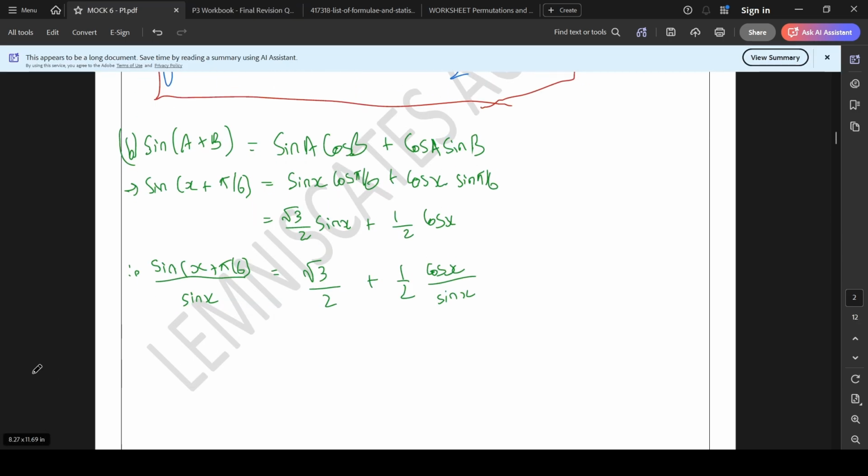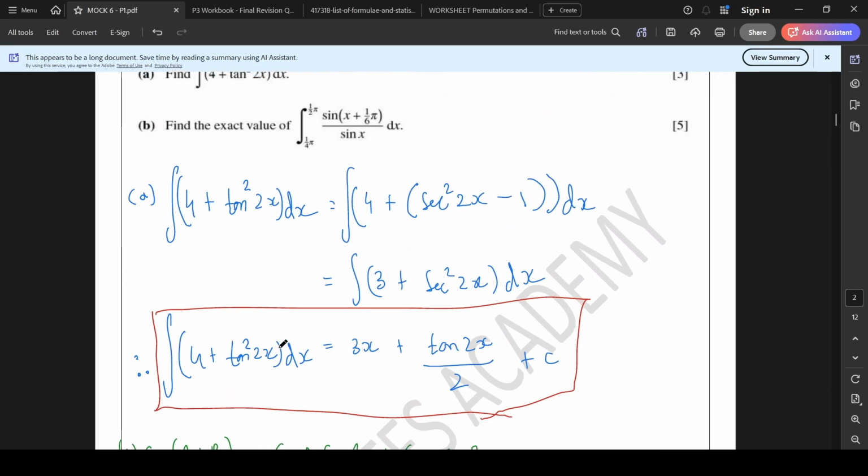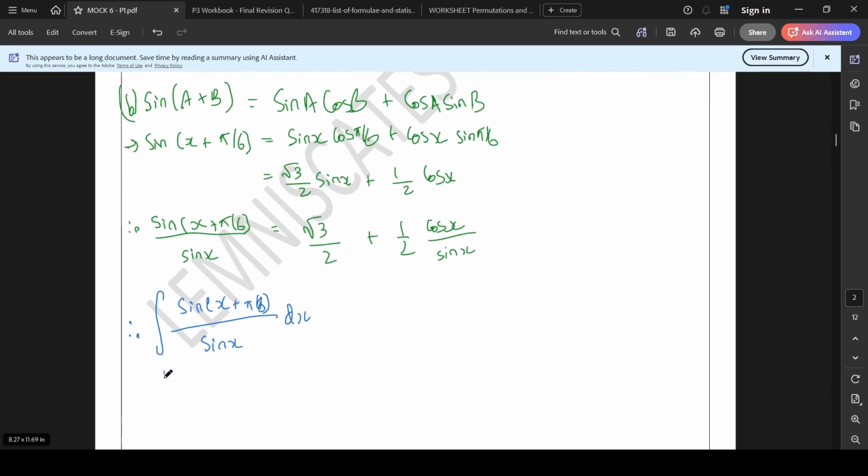So let's go ahead and try to integrate this. Therefore, integration of sine of x plus pi by 6 over sine x dx, and the limits are pi by 4 to pi by 2.